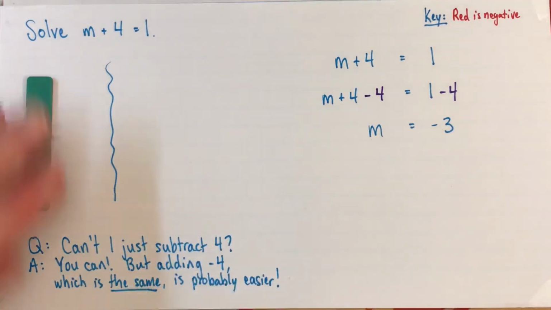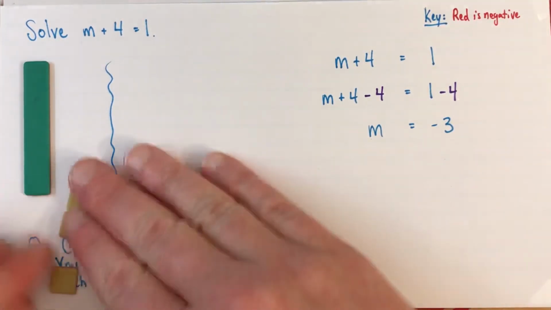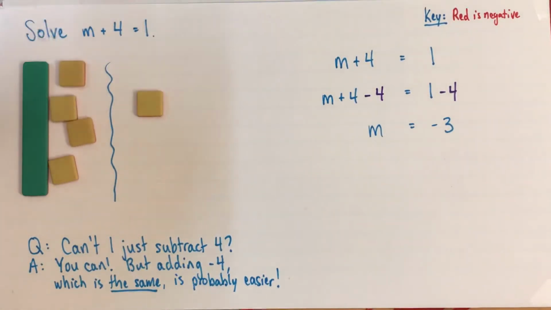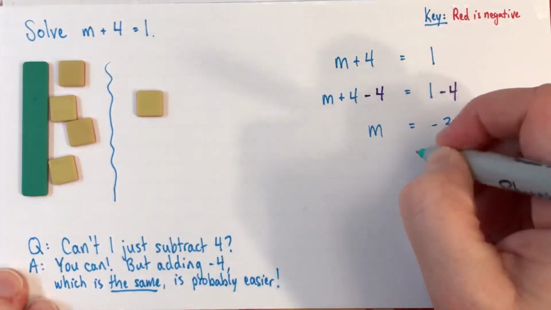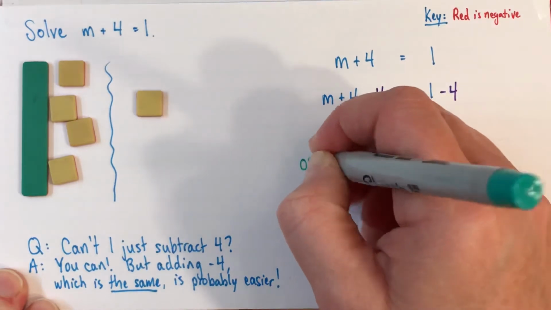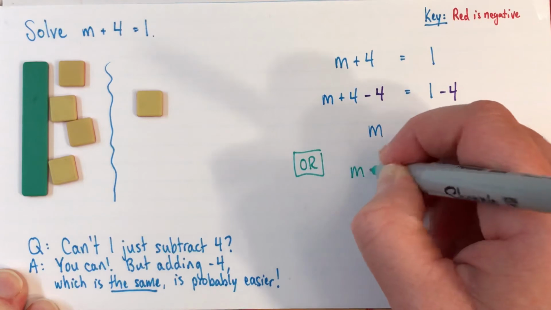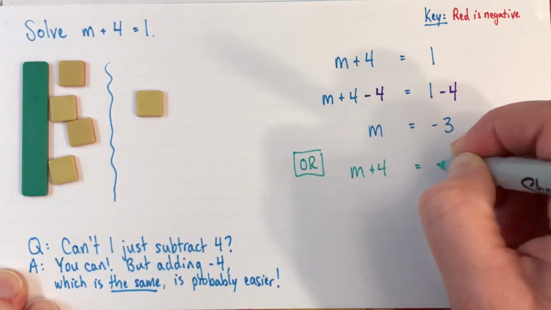Okay, so we'll start over here. M plus 4 is equal to 1. Maybe I'll switch to this greenish color here. Okay. M plus 4 is equal to 1.